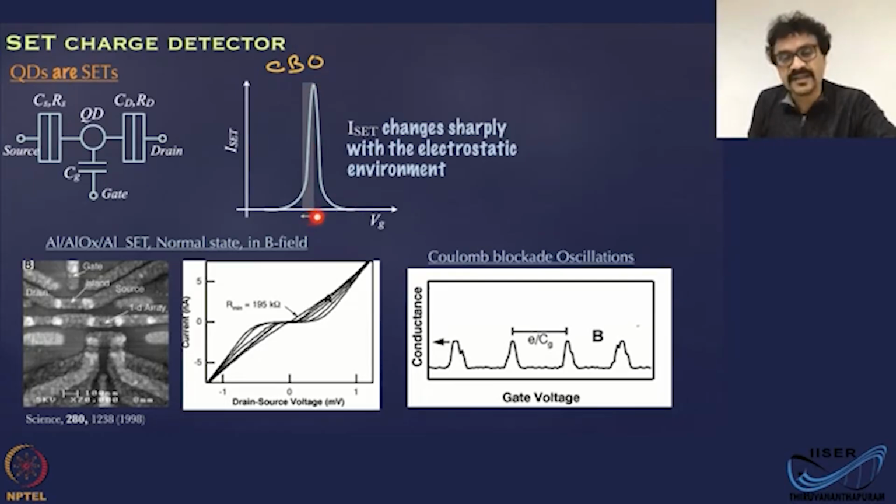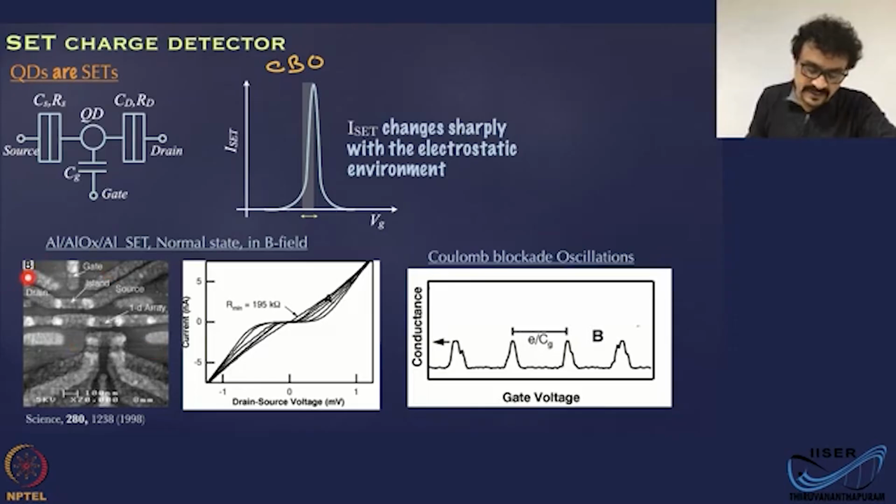This is exactly the feature that one would utilize for charge sensing, where the current through the single electron transistor sharply varies for a very small change in the gate voltage, or I would say a very small change in the electric field or the potential change felt by the single electron transistor.